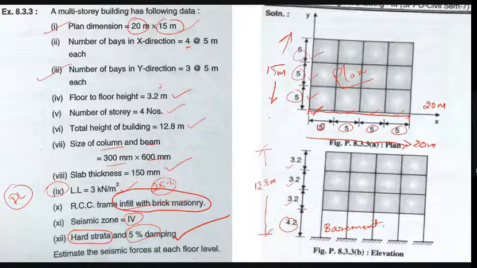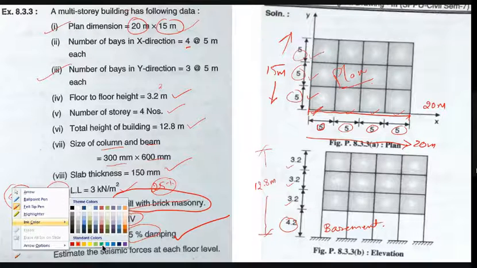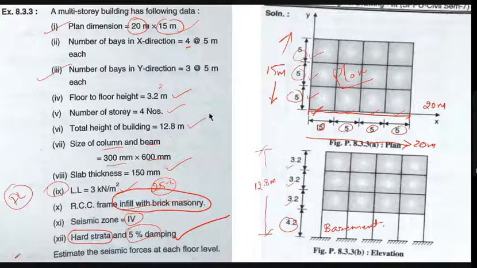Suppose, I will change the color. Say case 1, I'm taking the beam as 5 meter. So if I'm taking beam equals 5 meter, then I have to count how many beams are there.